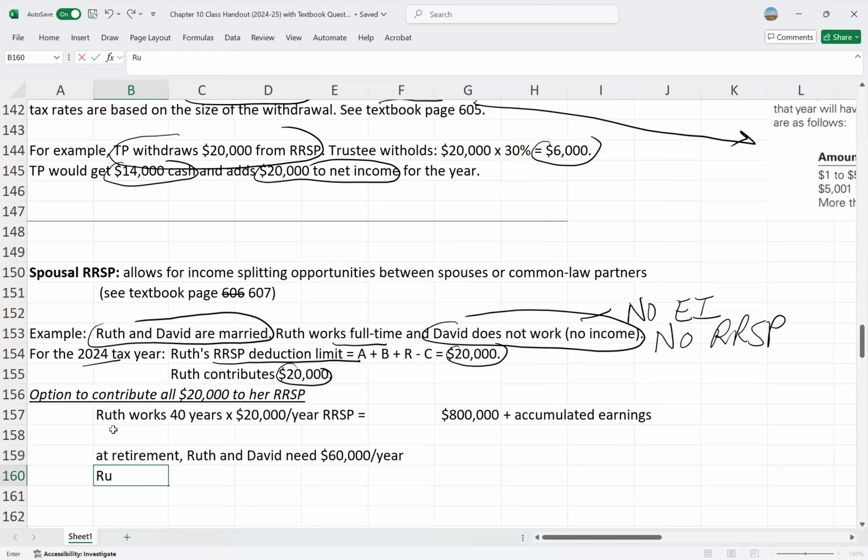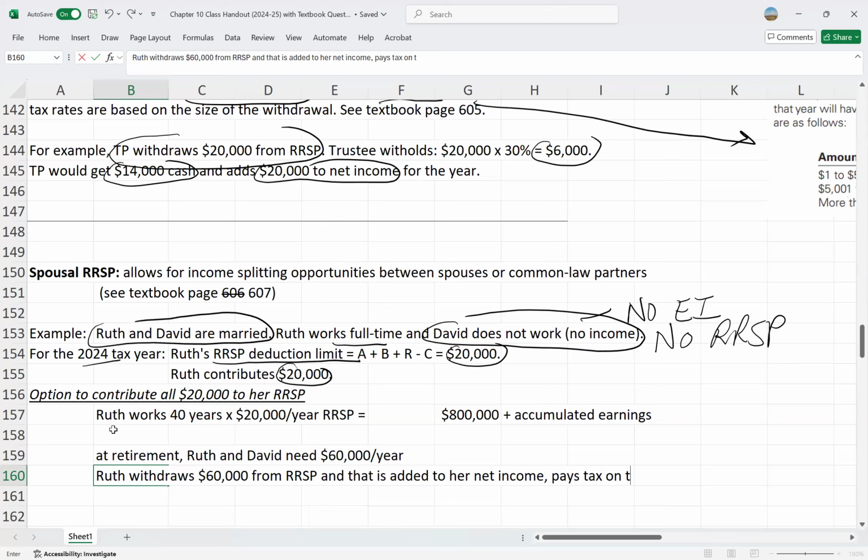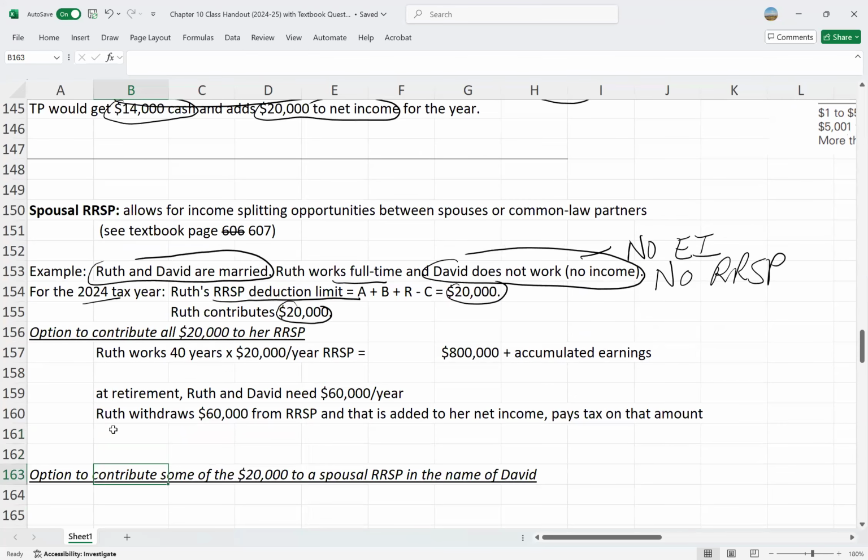So Ruth withdraws 60,000 from her RSP, and that is added to her net income, and she pays tax on that. Now, once again, there's going to be withholding tax, but all that 60,000 that she withdraws will be subject to tax. So this is a situation where she does not use a spousal RSP.